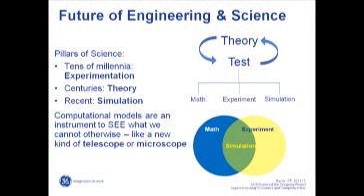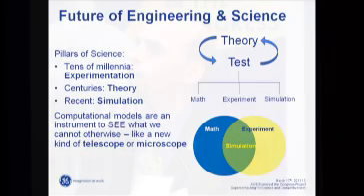So as we think about the scientific method, you develop a theory, you test it, and there are tools that you have to do that test: math, experimentation, simulation. And simulation is really the recent way of approaching that. It's an entirely new instrument, like a microscope or a telescope, to see things that you couldn't otherwise.